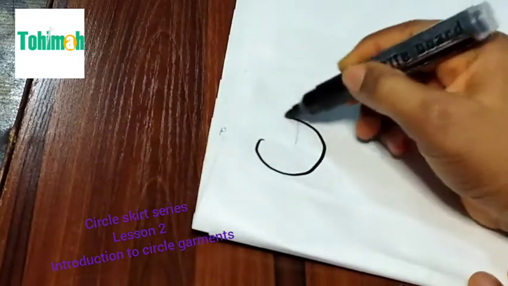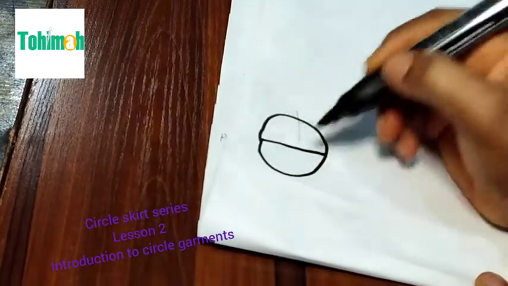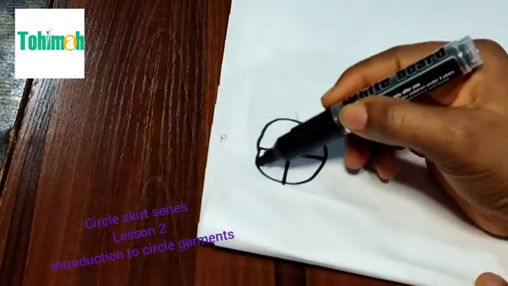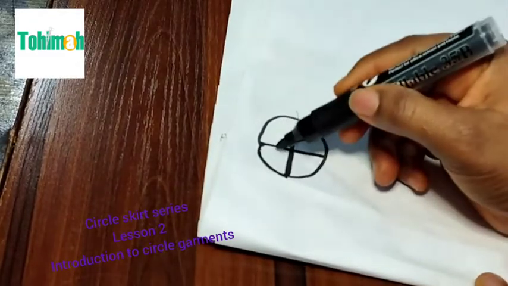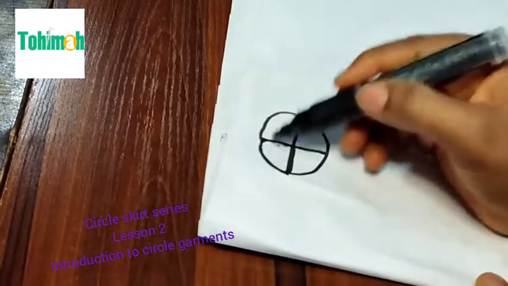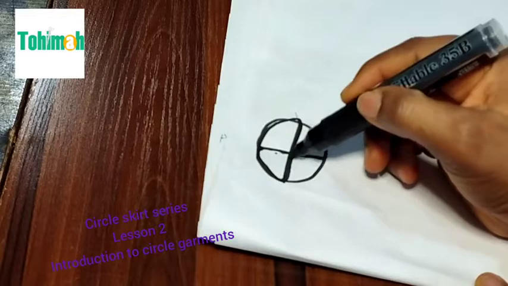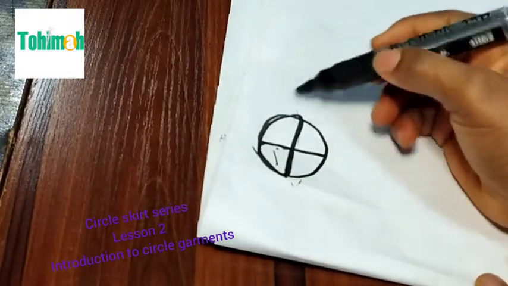Now, the circles that we're going to treat. Normally this is how a circle is, just round. Then we have things like this. When you have just this part, you are talking about 90, just this single part. When you have something like this, it is 180, half of a circle.